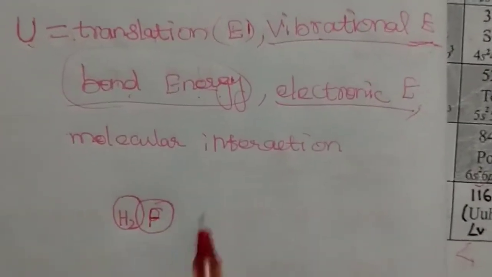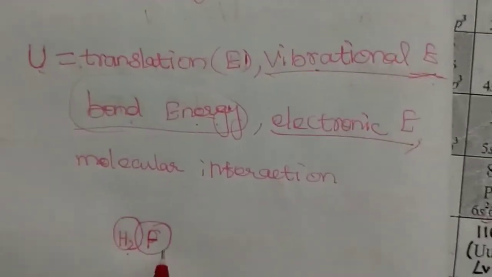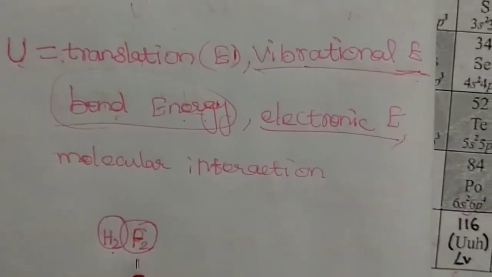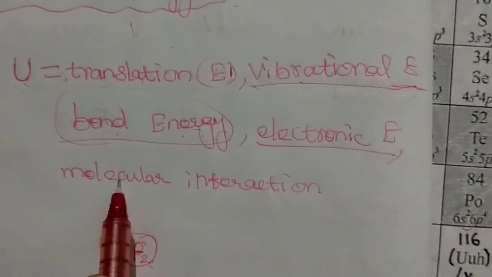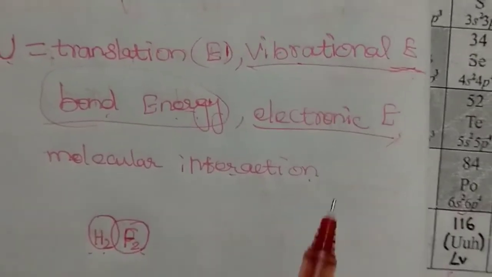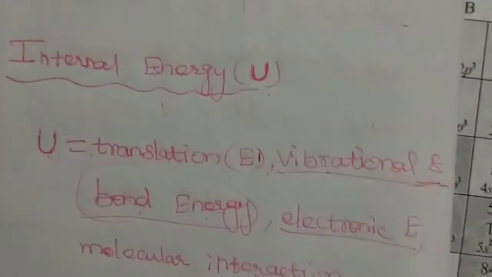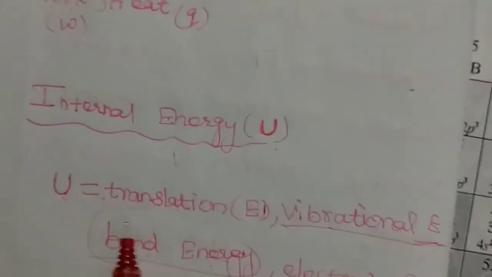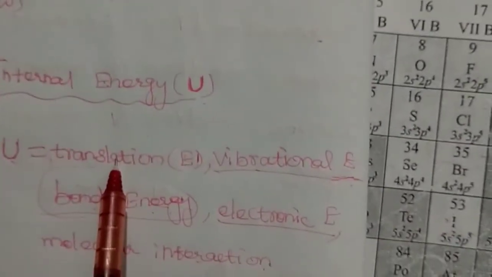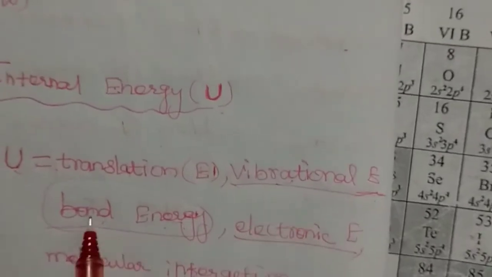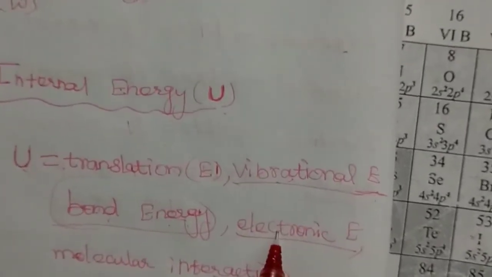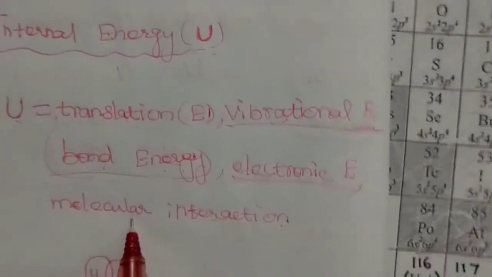This type of energy, where a molecule is interacting with another molecule, is molecular interaction energy. So the energies participating in the internal energy are translation energy, vibrational energy, bond energy, electronic energy, and molecular interaction energy.